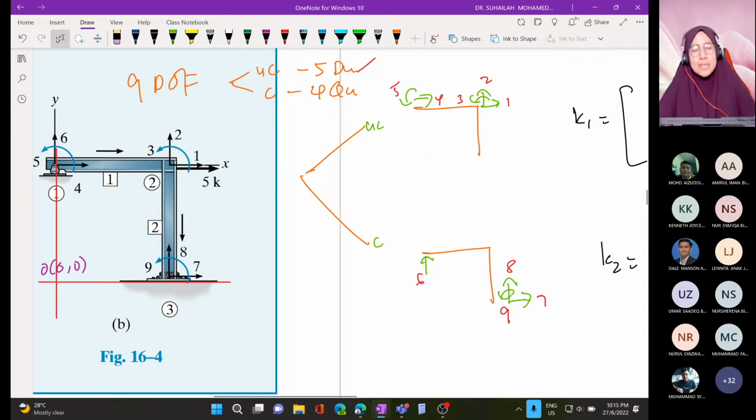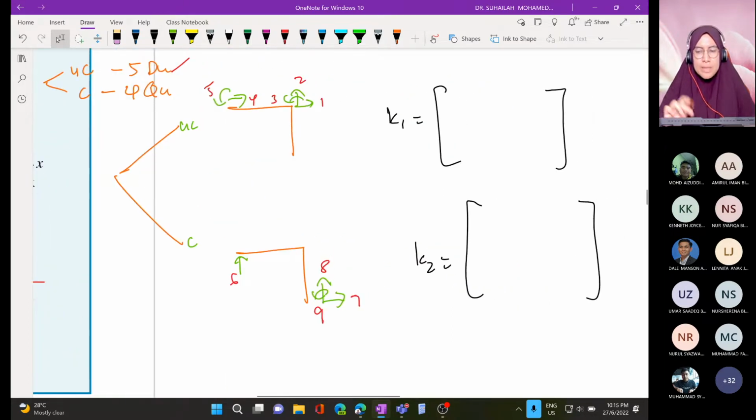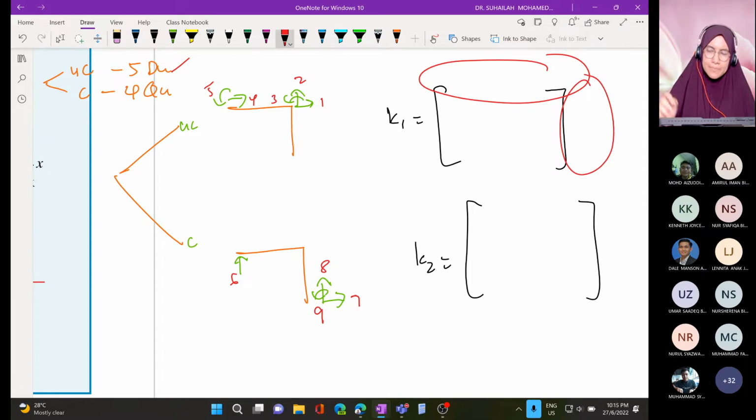Okay, so what should be the label in K? Cuba sebut 6 position kat sini. 6 label ni, yang ni important.